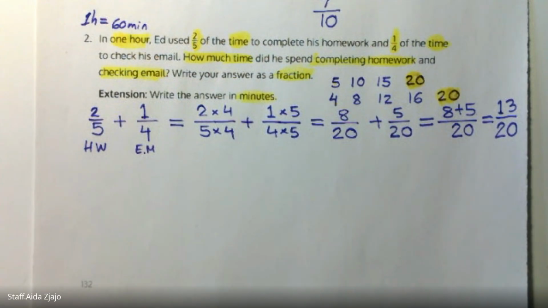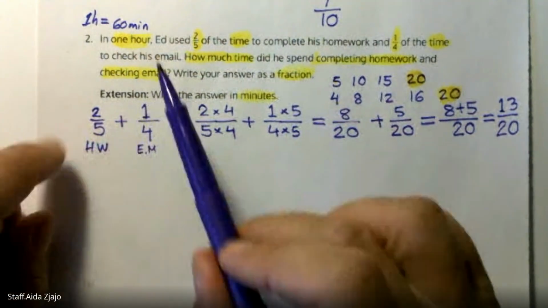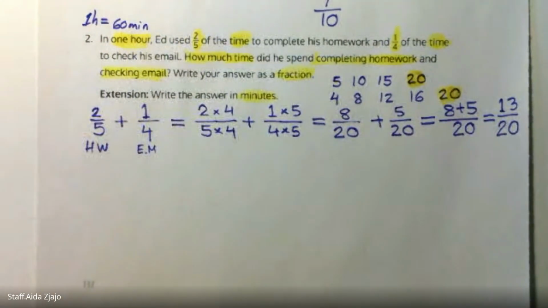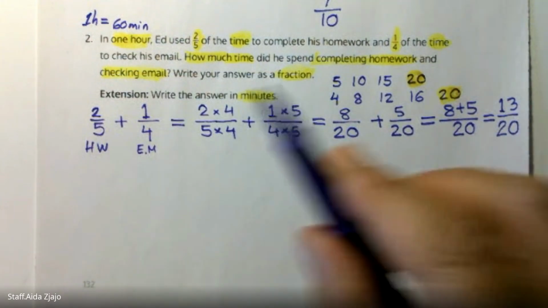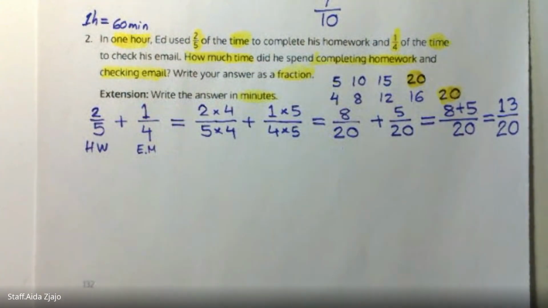You can also think about it more easily: what is 1/4 of the 60 minutes and what is 2/5 of 60 minutes. If it's easier for you to think about, what is 13/20 of 60 minutes? That's another extension that we need to do.